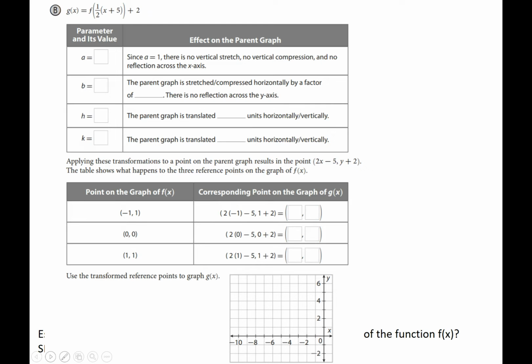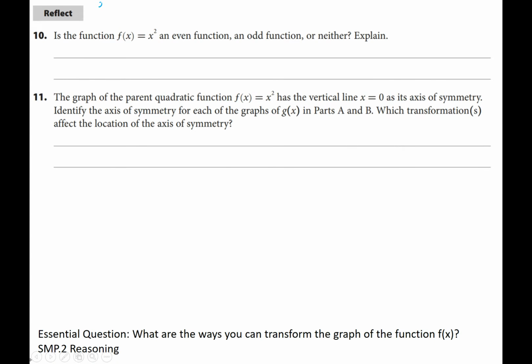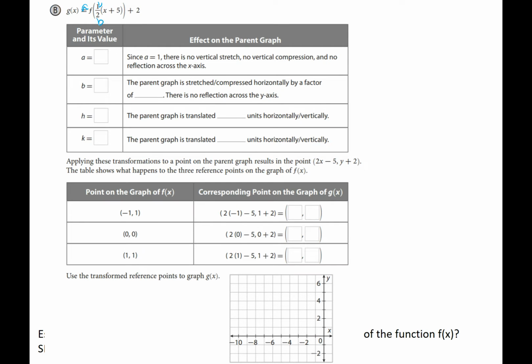Differences this time. Remember we've got the A value in front, the B value, the B value is actually the denominator there, and then we've got the H and the K. So it kind of gives us a hint, since A equals 1, so we would write 1 there. There is no vertical stretch, no vertical compression, and no reflection because it was positive.